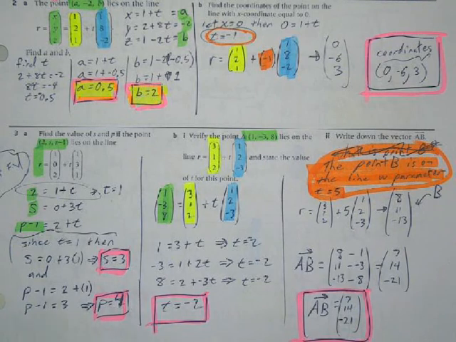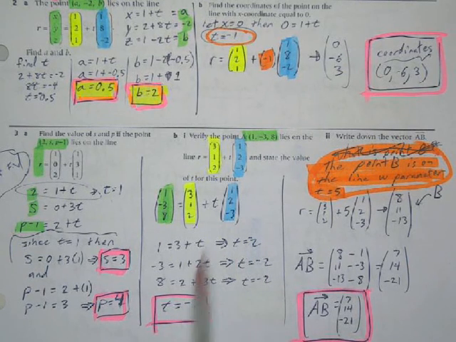If I put this in, 1 equals 3 plus t, and I get negative 2. I have negative 3 equals 1 plus 2t, and I also get negative 2. The last line, 8 equals 2 minus 3t, and I also get negative 2 when I've plugged in the 8, the negative 3, and the 1. So since t equals negative 2 for all of them, I've just verified and shown that this point is indeed on the line, since I get the same t value for all 3 equations.